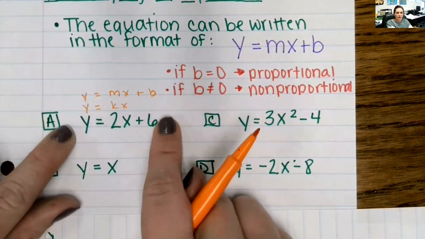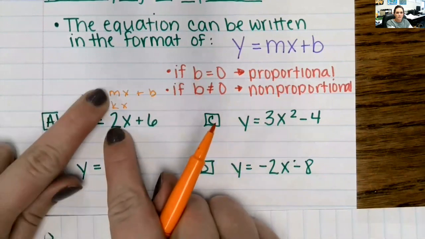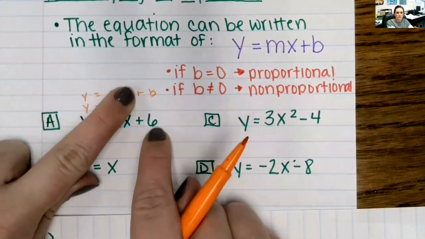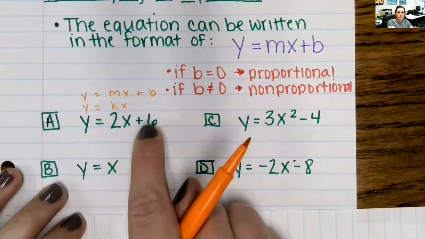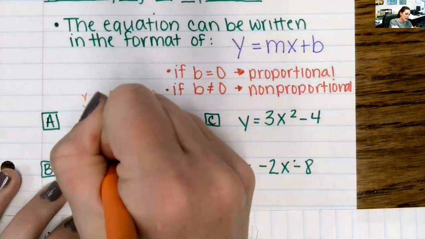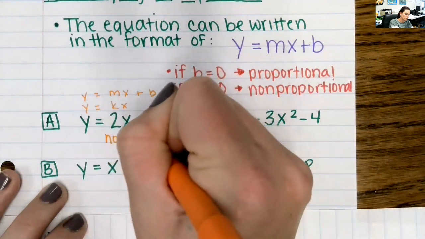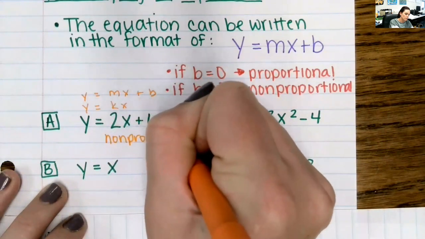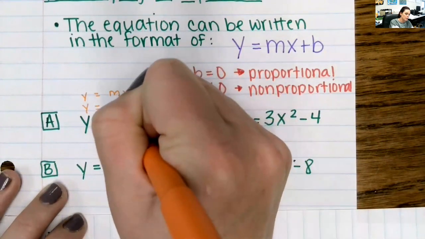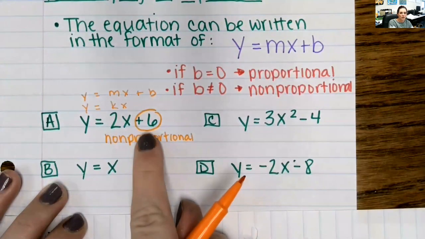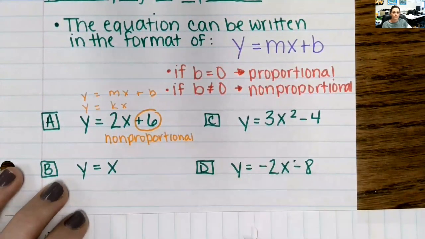Okay, so does everybody see how those kind of line up? M is 2, x is x plus, and then b is 6, which means that this is non-proportional. And it's non-proportional because of that tail of plus 6.